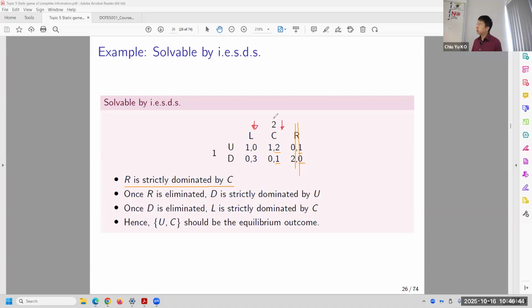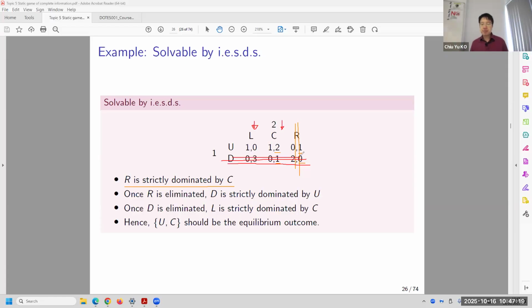That means he would never choose D, because the reason to choose D is only if player 2 chooses R. But player 2 is not stupid, and player 1 knows player 2 is not stupid, so R will never be chosen. That means D will never be chosen as well. And if that is what they know, the prediction still has 2 outcomes.